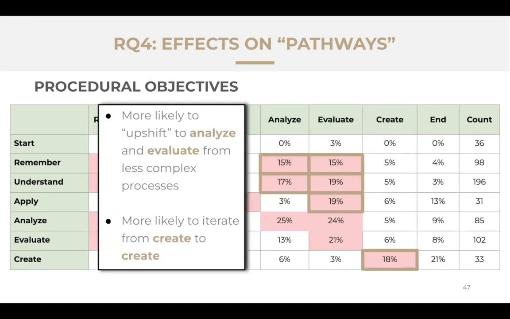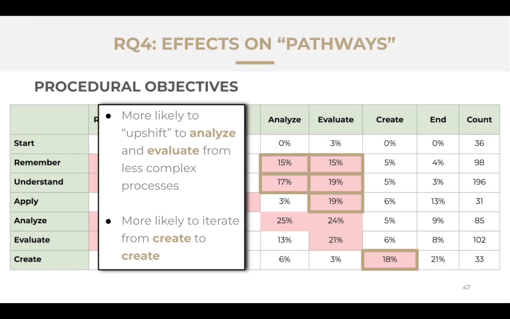Procedural objectives, we found two main trends. There's a lot of shifting to analyze and evaluate from less complex processes. If you think about how-to tasks, there's a lot of analyzing how different approaches to a problem are different from one another. And there's a lot of evaluating which one is best for you.